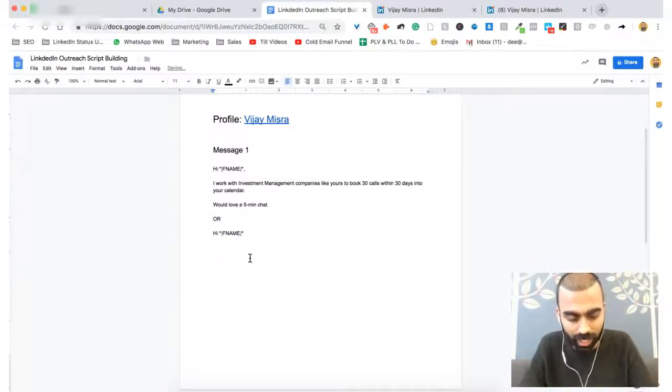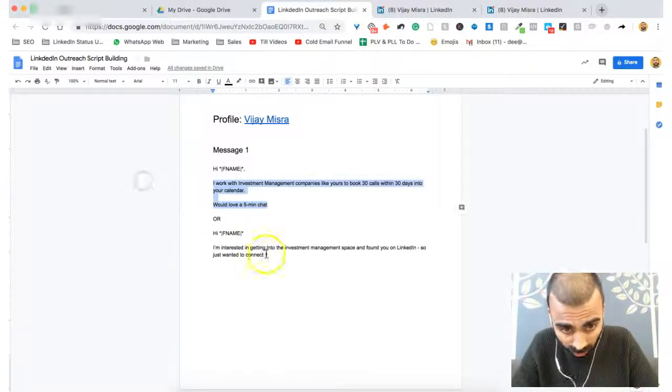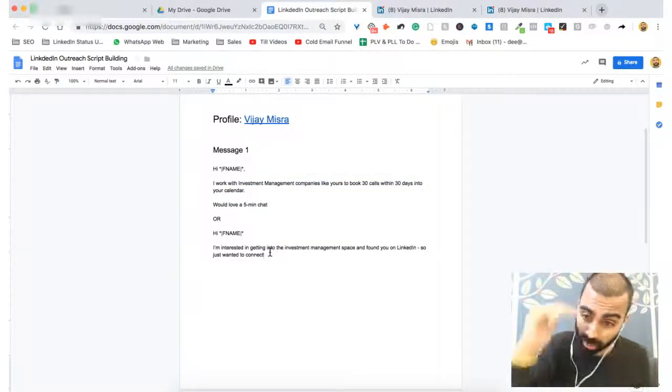So, hi, I'm interested in getting into the investment management space and found you on LinkedIn, so just wanted to connect. So 1 is pitched as a sale, 2 is pitched as a potential client, which brings a barrier down.